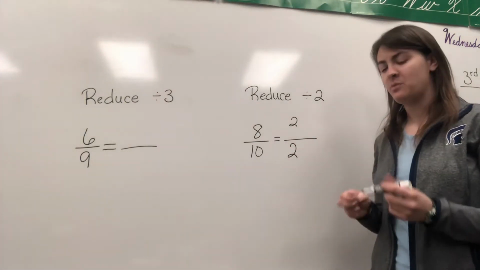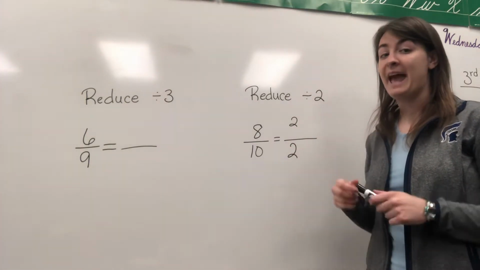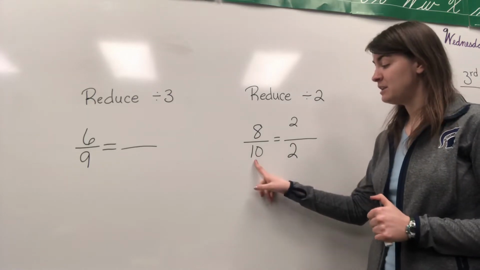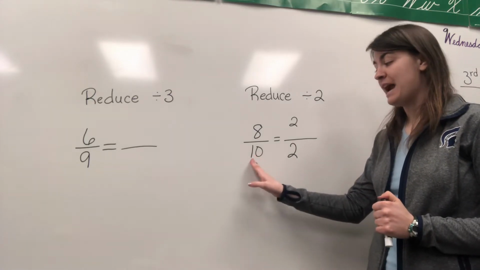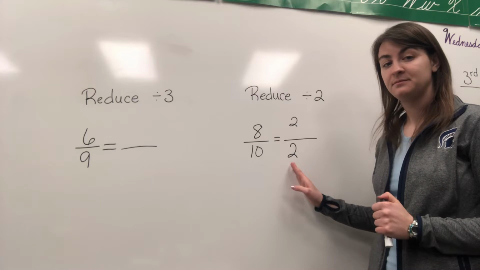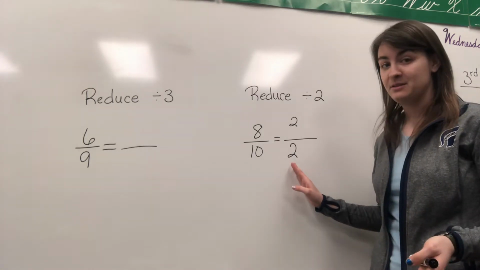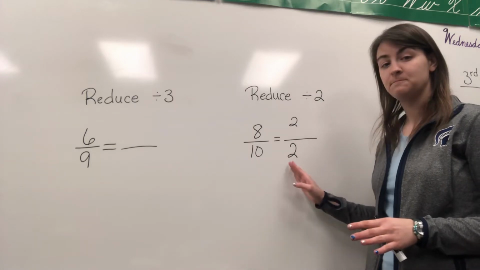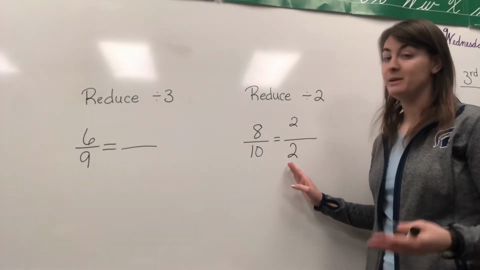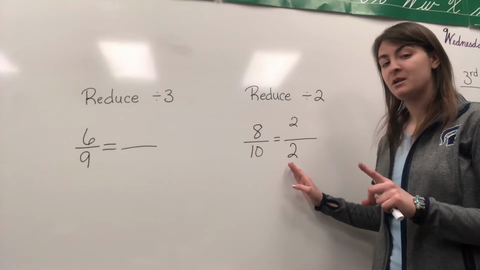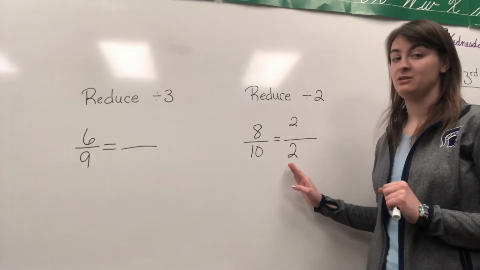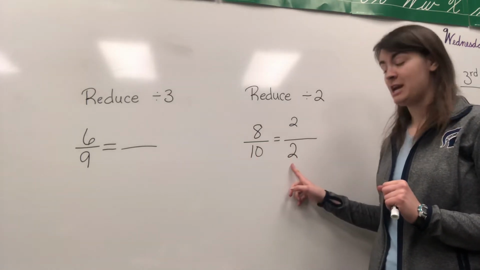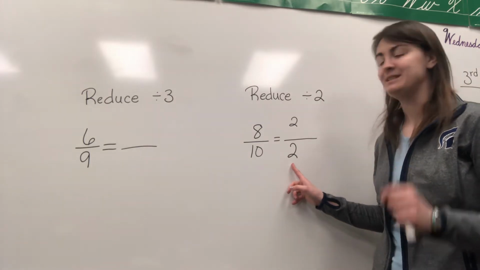Now remind me, when we work with fractions and we add the fractions, does the denominator change when we add the fractions together? That's right, it does not. How about when we subtract the fractions? Does the denominator change? No, it doesn't. But when we multiply or divide fractions, does the denominator change? Yes, it does.